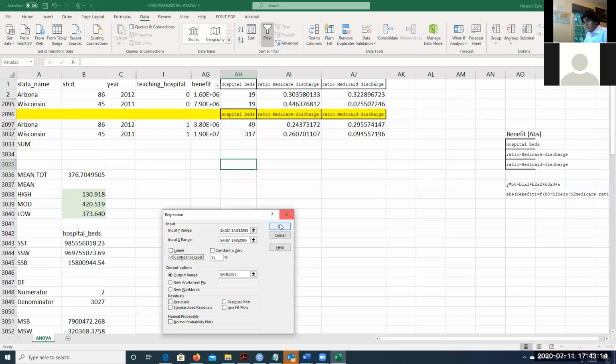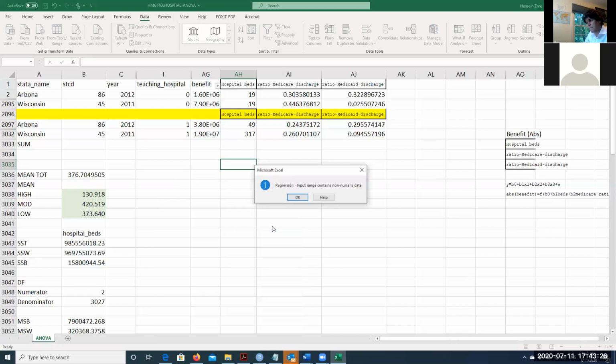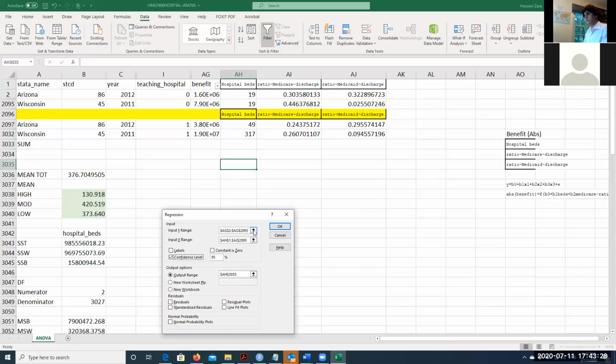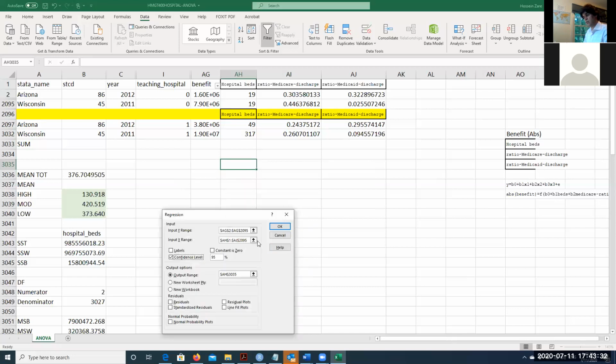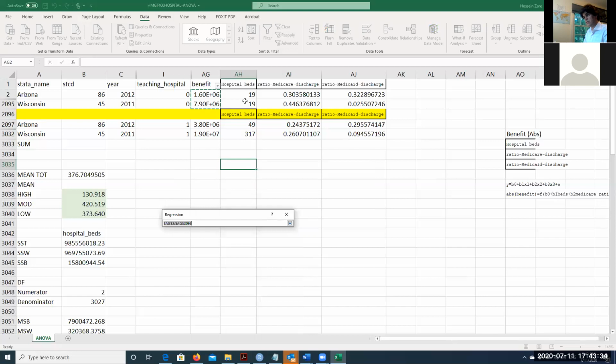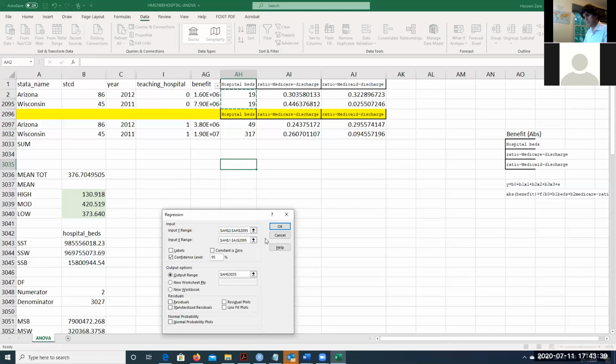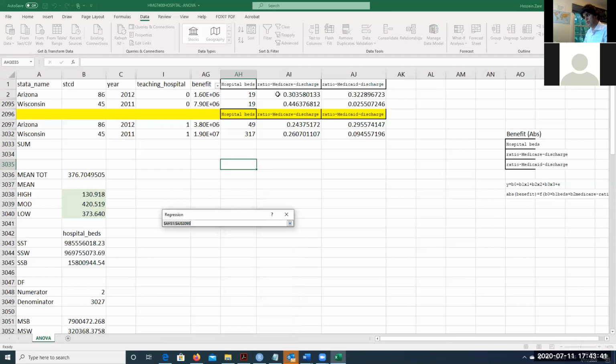Non-numeric data. In some place there is some, okay, let me go with this. I should start with line 2 probably. Let me try again. With regression, select this, start from here to this. Second one, start from here.